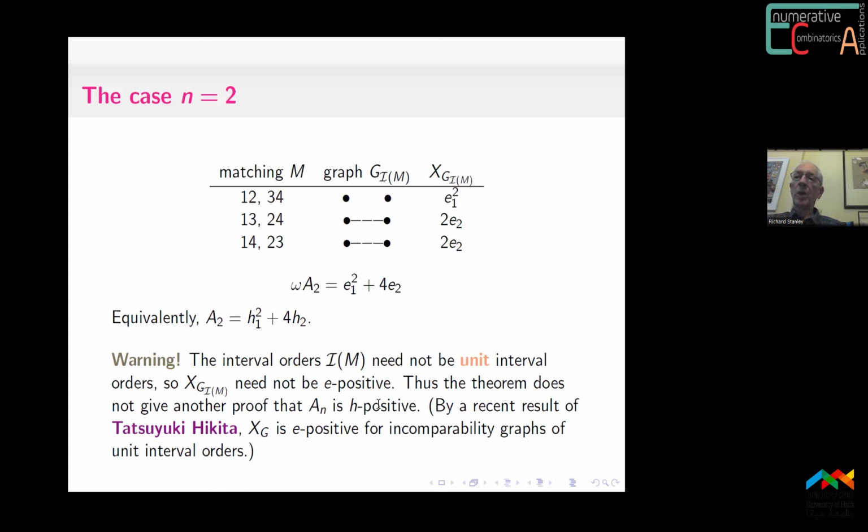So we know that the chromatic symmetric functions of incomparability graphs of unit interval orders are e-positive, this recent famous result by Hikita, but we cannot use that to show that A_n is h-positive because the sum has non-e-positive terms.